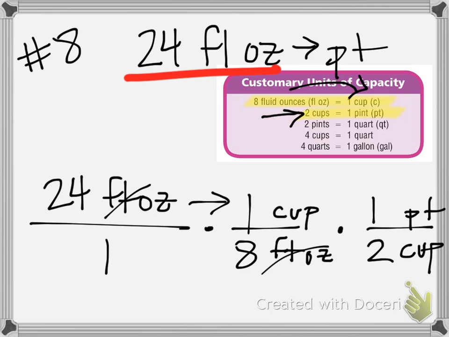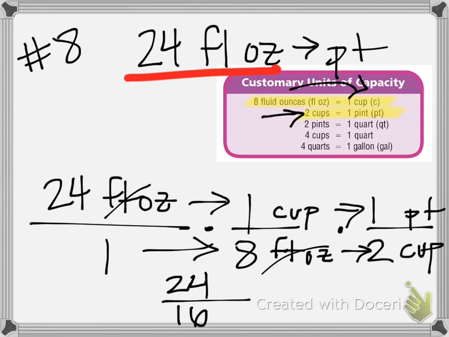So if we multiply this going straight across, 24 times 1 times 1 is 24. And then if I multiply going straight across here, 1 times 8 is 8, and 8 times 2 is 16.